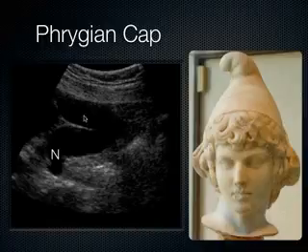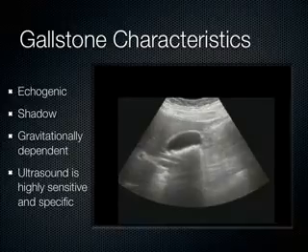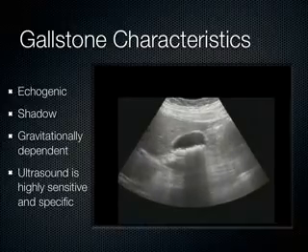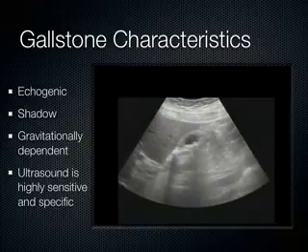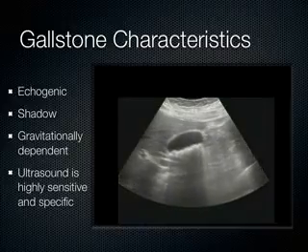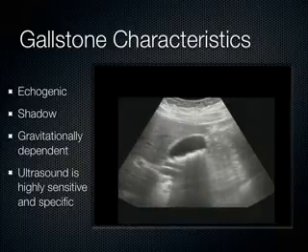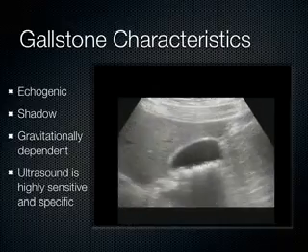Does that make sense? Now, gallstones themselves are cool because they're very echogenic. They're dense structures, they're echogenic, and so when sound encounters them, the sound gets attenuated and reflects back, and what results is a shadow. And so gallstones shadow. They're gravitationally dependent. As you move the patient around, the gallstones move around, okay?